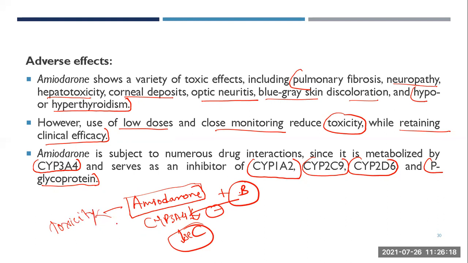That's why it is said that it is subject to numerous drug interactions.